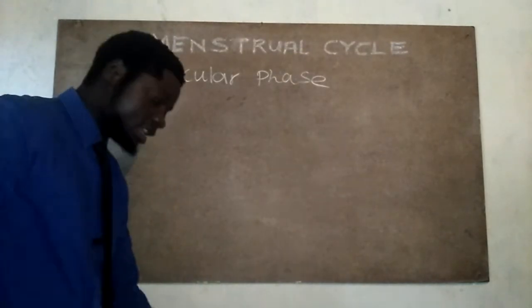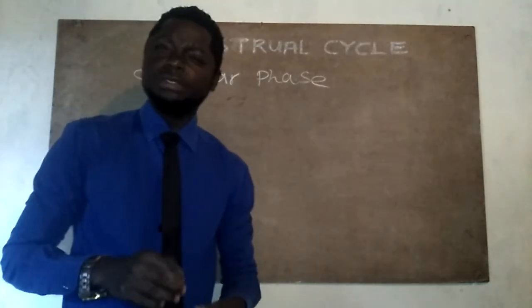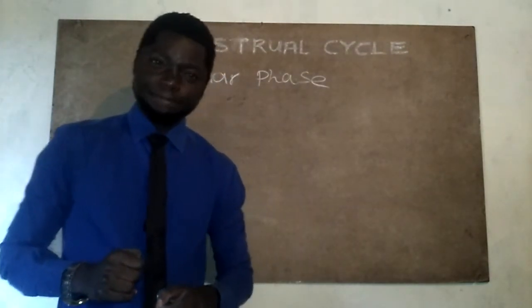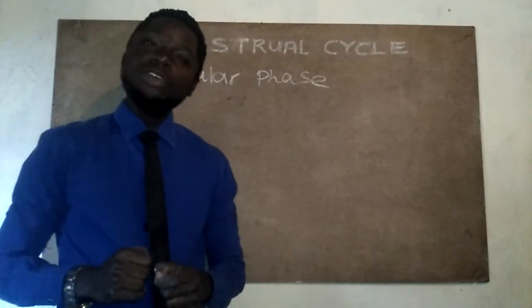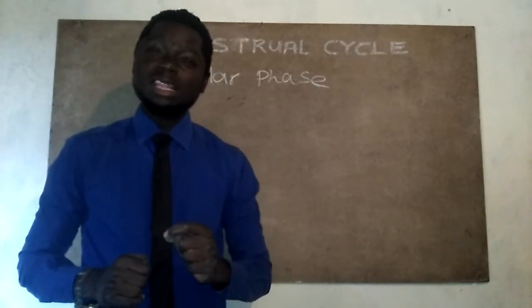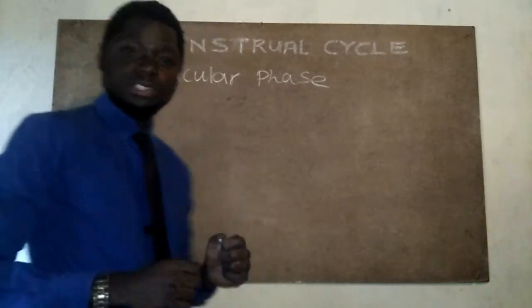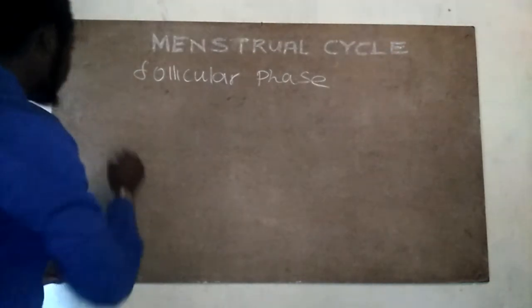During puberty, at around 12 to 15 years, girls start producing the follicle stimulating hormone. Before they start producing this hormone, all girls are born with thousands and thousands of cells called the primordial follicles. They are born with the follicles.